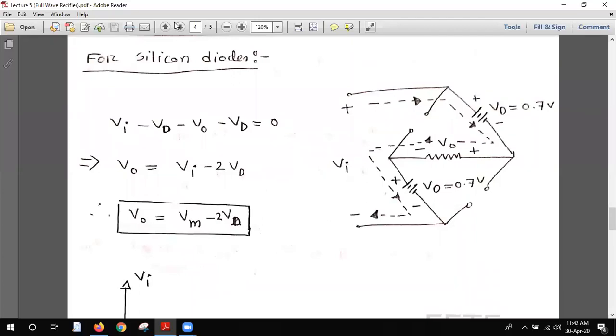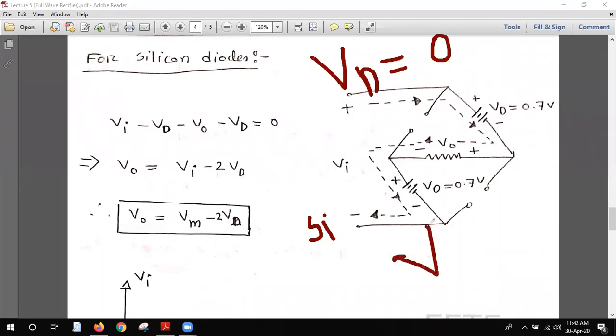In the ideal diode, the voltage across the diode, VD, is zero. But for silicon, you all know that the diode voltage VD becomes, and we will discuss this every day.